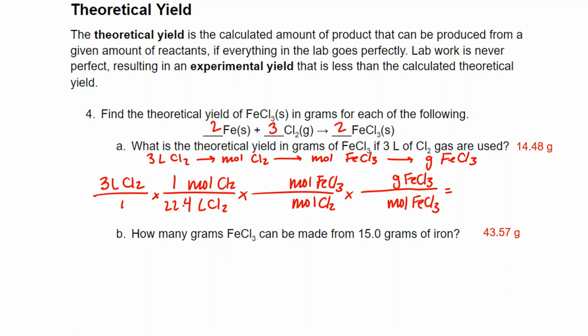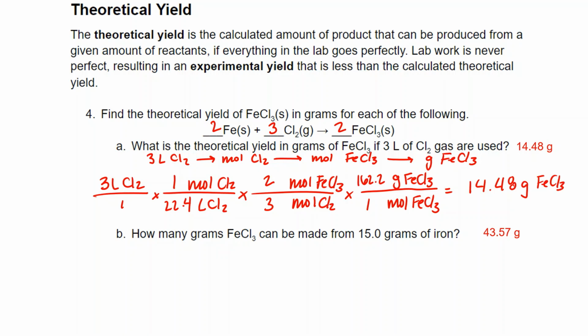And then I need to put a 2 here to take care of iron. So this ratio is going to be 2 to 3. Last conversion factor here is the molar mass of FeCl3. So we get 14.48 grams as our answer here. So if everything goes perfectly and we start with 3 liters of chlorine gas, we should make 14.48 grams of FeCl3.